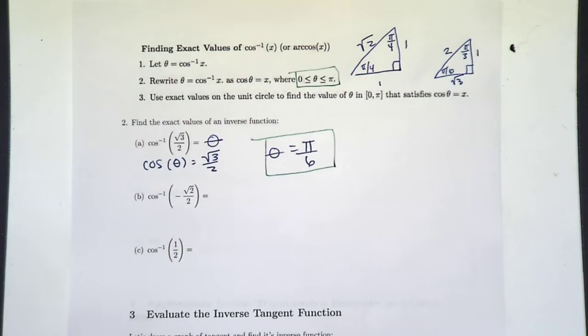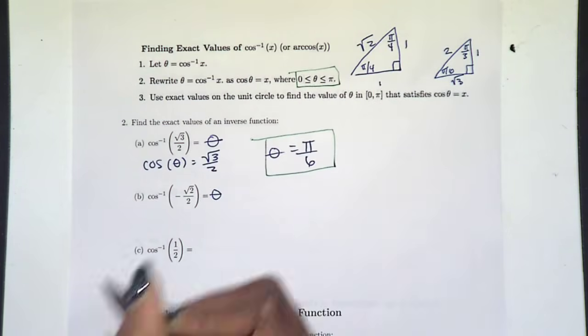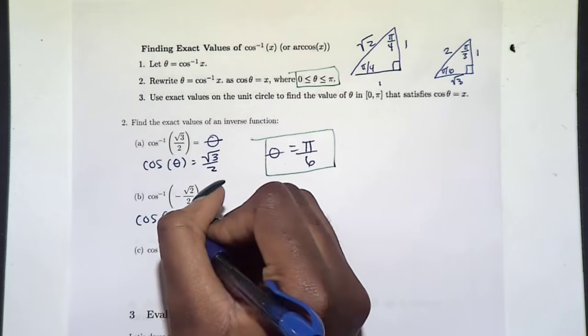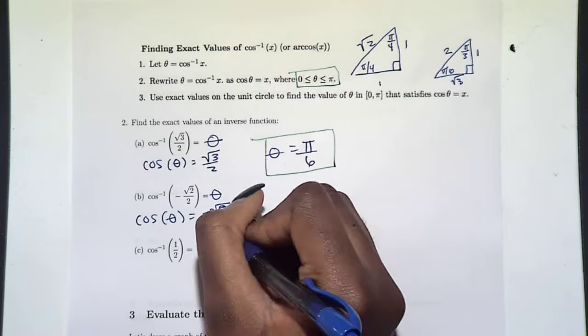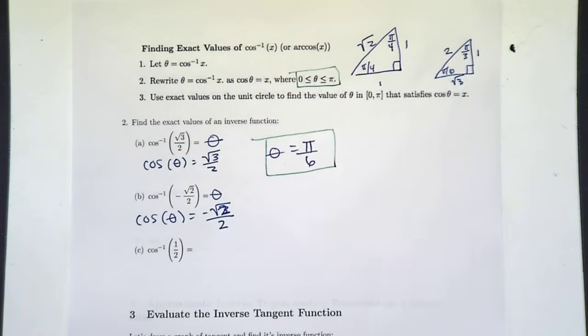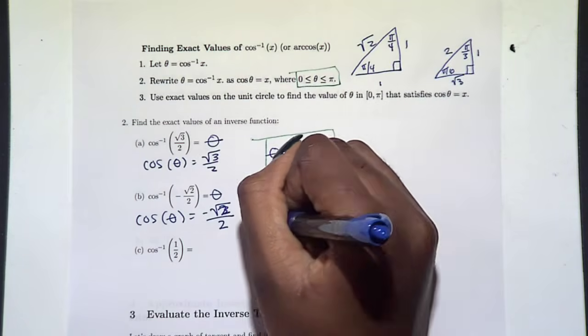All right, next, cosine inverse of negative root 2 over 2, so that's our angle. So we want to find the angle such that cosine of that angle is negative root 2 over 2. Notice that we have a negative, so let's make sure we know what quadrant it's going to be in.